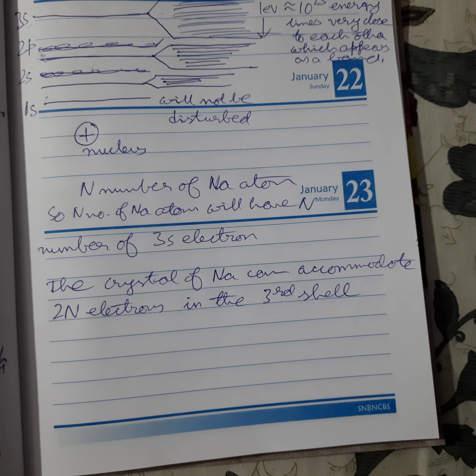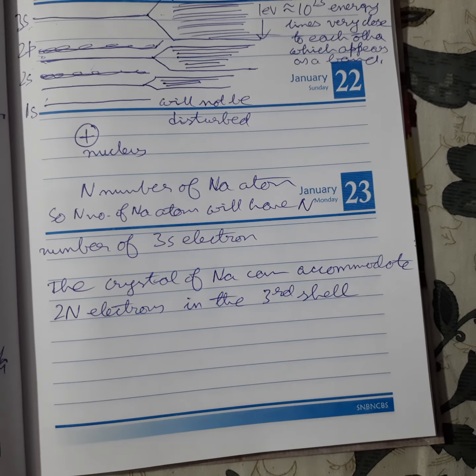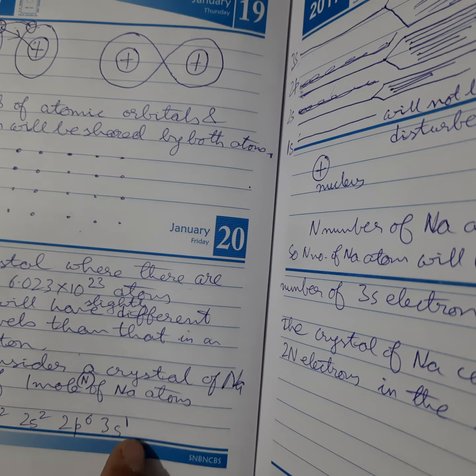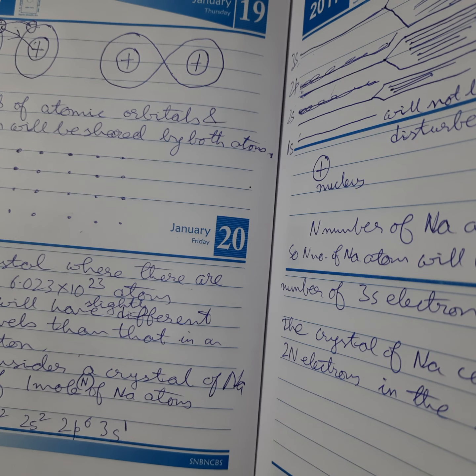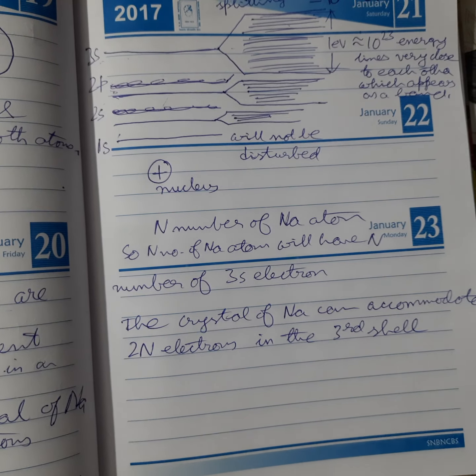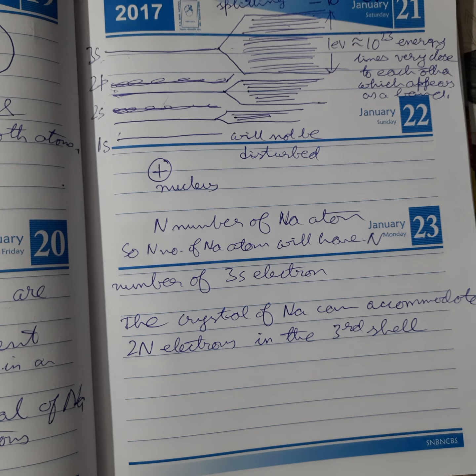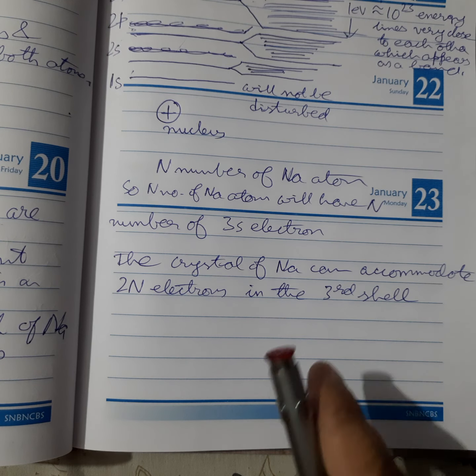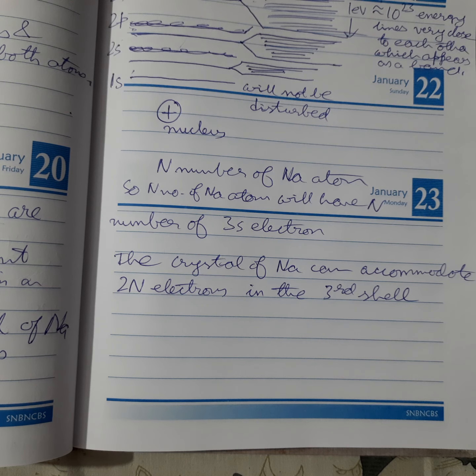Okay, but here there is only one electron, na. Only one electron is here. So what will happen here? So 2n electrons in the third shell.